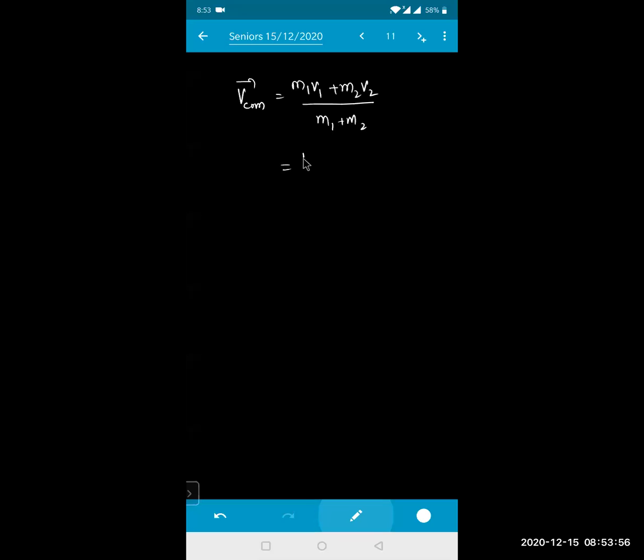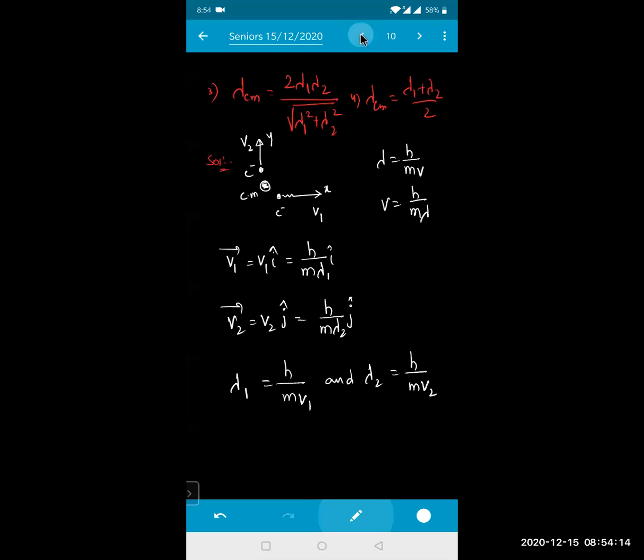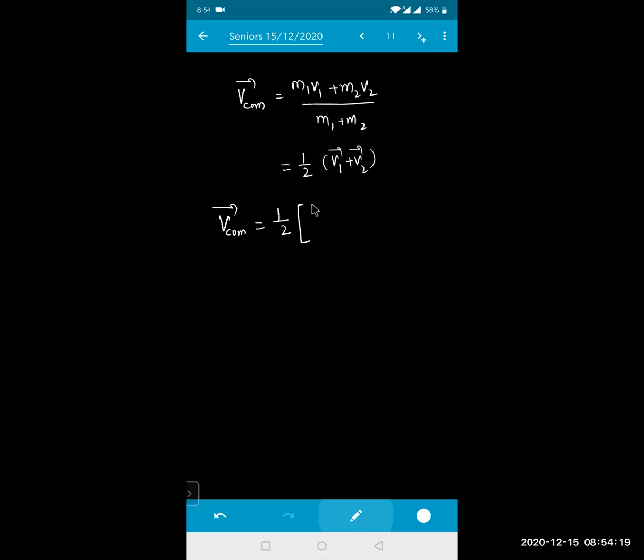Mass is the same, so this becomes half into v1 bar plus v2 bar. M1 plus M2 is nothing but 2m. That means velocity of the center of mass is equal to half into v1 plus v2, and we already got v1 and v2. So what is the value of v1? v1 is equal to h by m into lambda 1 i cap plus h by m into lambda 2 j cap.